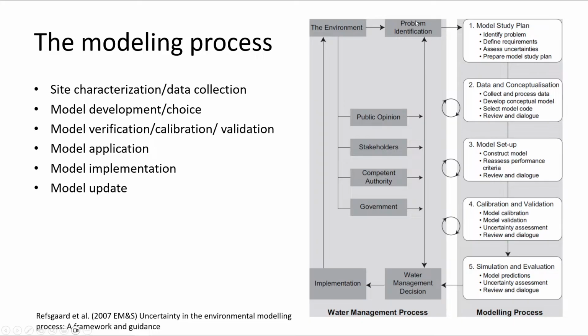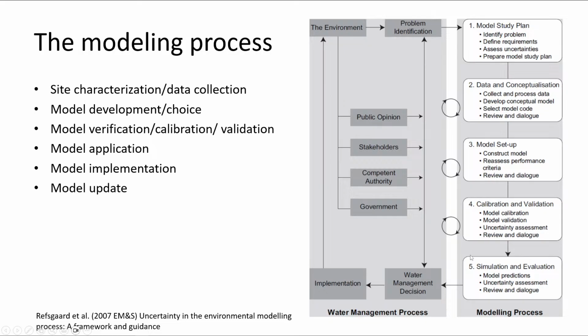If everything is working fine, that's fine. If not, you can see why this problem is there. Is it because we made a wrong management decision, or there was something wrong with our modeling process?